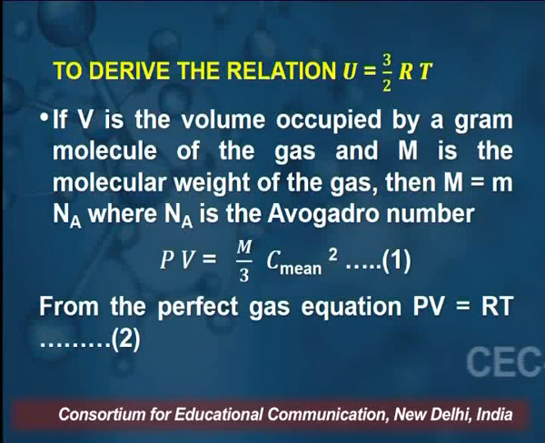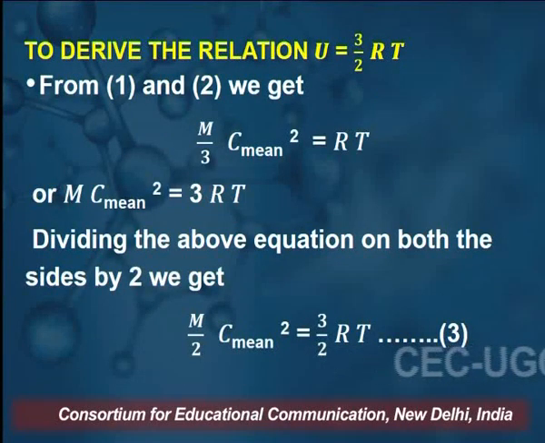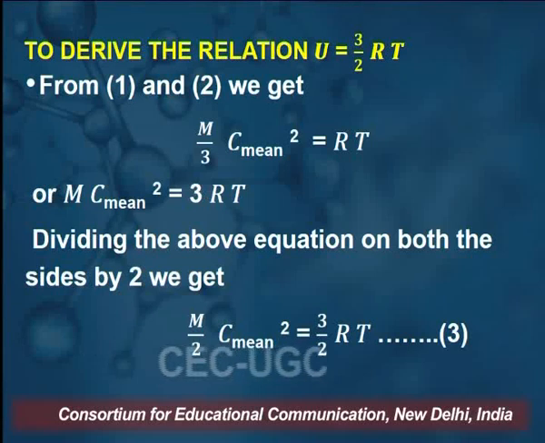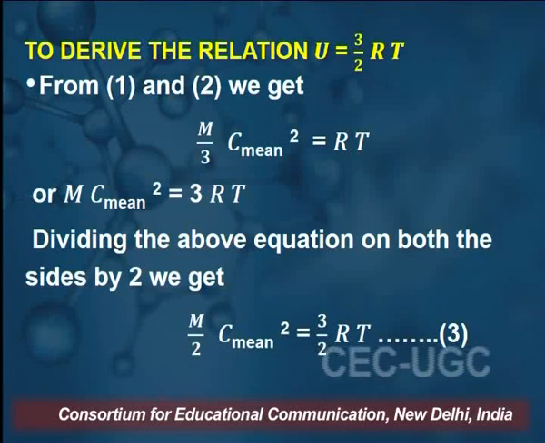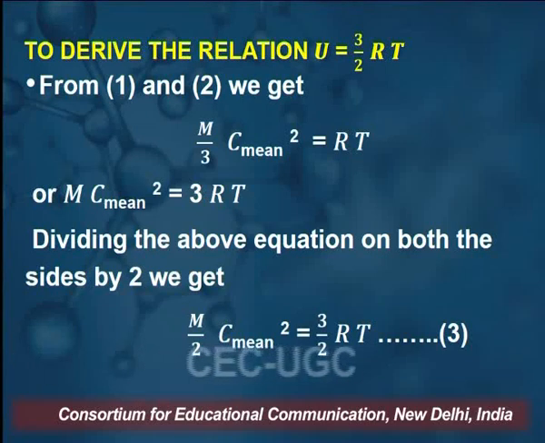From the perfect gas equation of state, we get PV equal to RT. Calling the earlier equations 1 and 2, from 1 and 2 we get M by 3 C mean square equal to RT, or M into C mean square is equal to 3 RT. Divide the whole equation on both sides by 2.